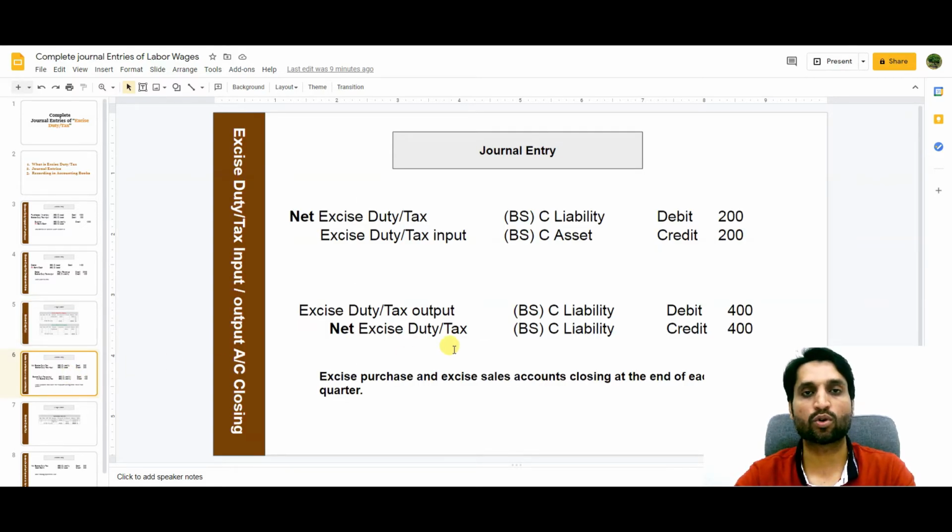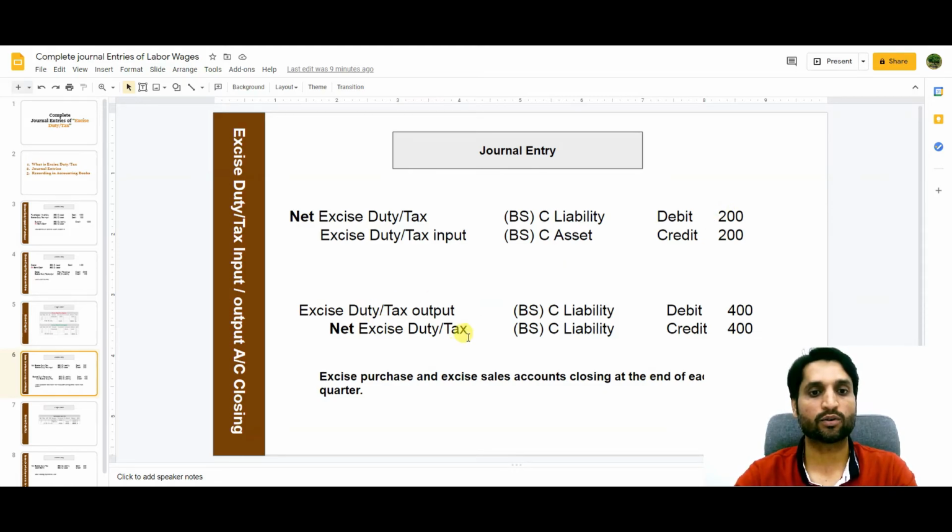When we need to close these ledger accounts, we need to create an additional account, which is the net excise duty or tax account, which is our current liability and will be payable to the government. When we close our input account, that will be credit, and the net excise duty tax account liability will be debit with 200.